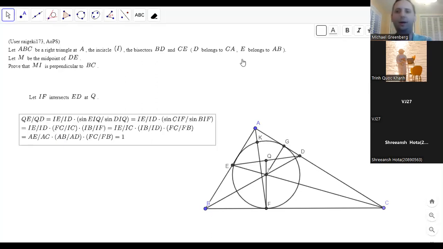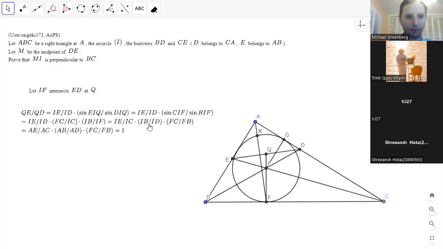Yeah, I should send them all out. I think I forgot to send them out, but yeah, I'll send you guys the GeoGebra files. So from here to here, I think everything was rearranged, but so ID, IE, IB, and FC are on top, and ID, IC, and IF. ID, IC, should this be IF right here? Instead of FB, should this be IF?